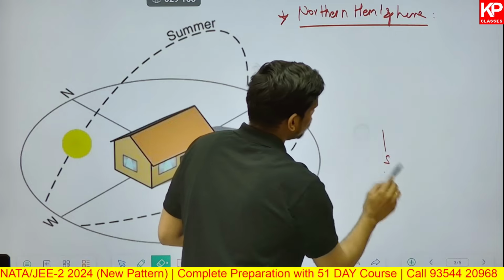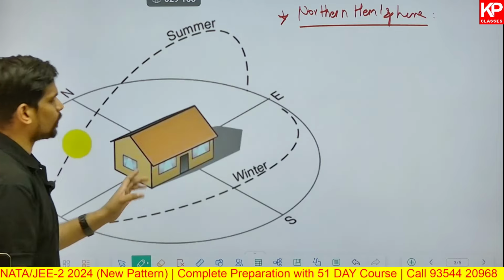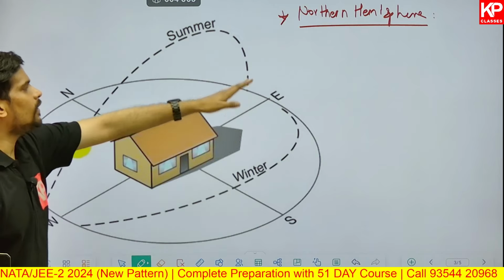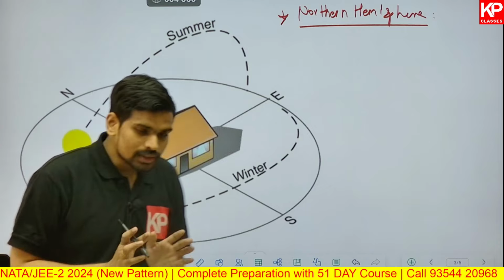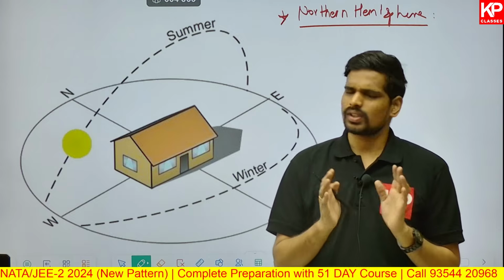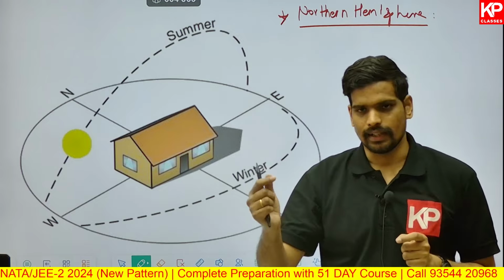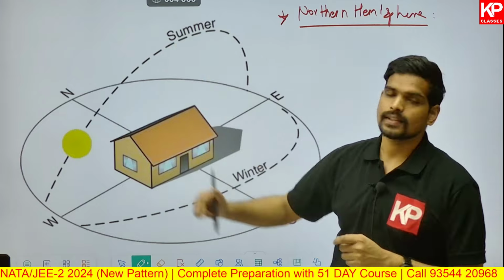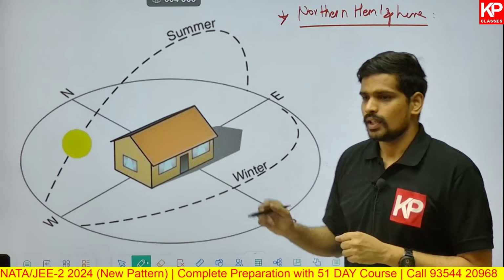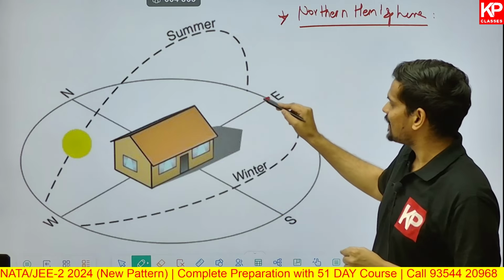Now coming to the points of the northern hemisphere with respect to solar architecture, you can see these dotted lines. What is the main difference between the movement of the sun in summer and winter? The sun doesn't follow the same path every day. The dotted lines which you see over here are called the sun path. In the northern hemisphere, first and foremost, the sun does not exactly rise at the east.